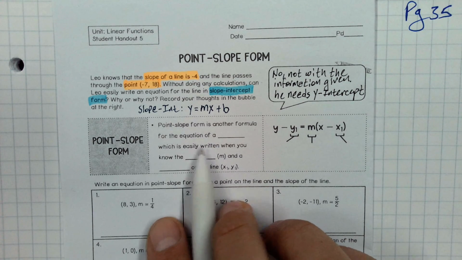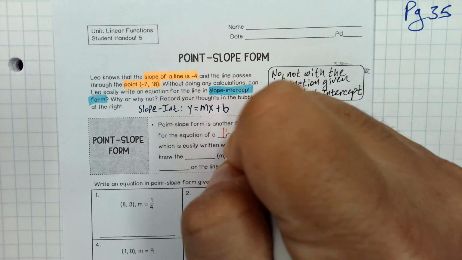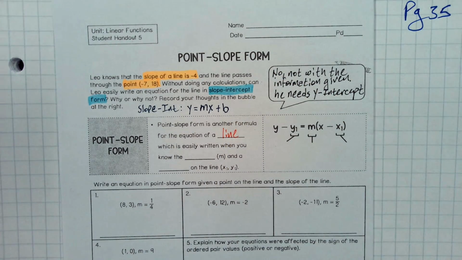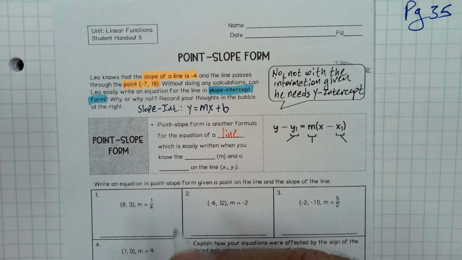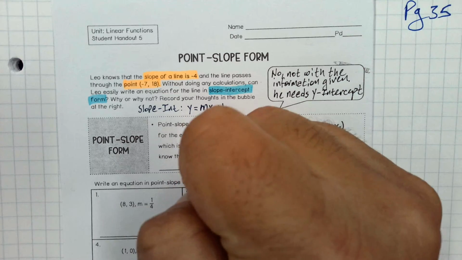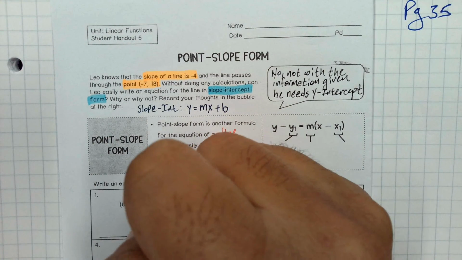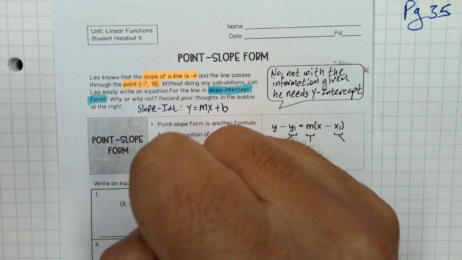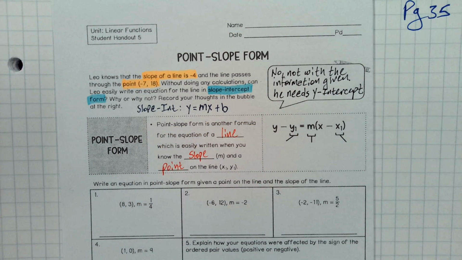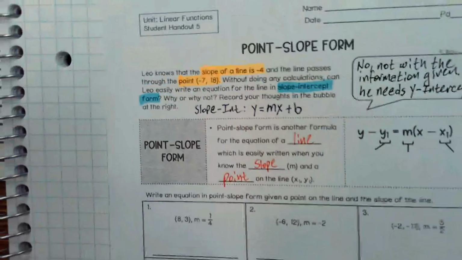It's another formula for the equation of a line, as we saw before, which is easily written when you know slope and a point. Because that's exactly what we have here.